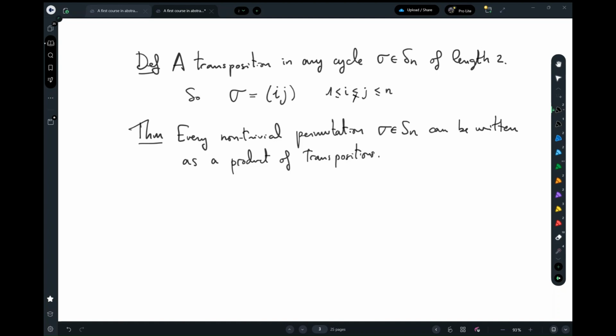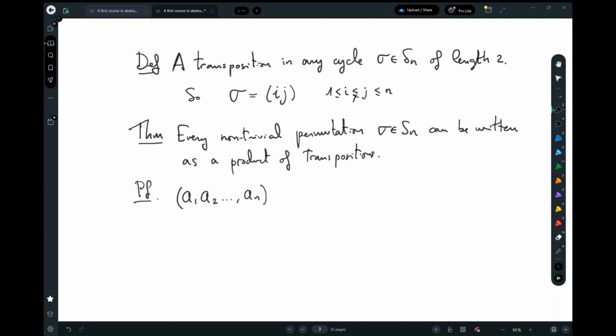Well, I'm actually just going to give you a formula for how to write a cycle as a product of transpositions. And since every permutation is a product of disjoint cycles, I can write any permutation as a product of transpositions. So it turns out that, look at this formula, (a1 a2 through an).